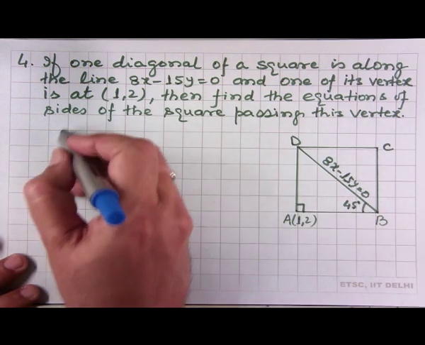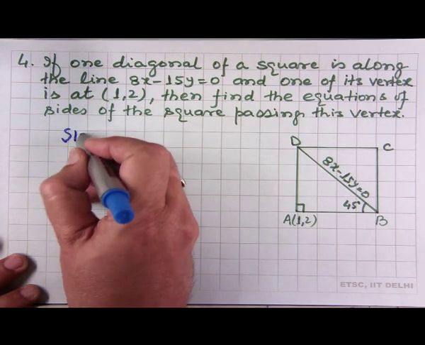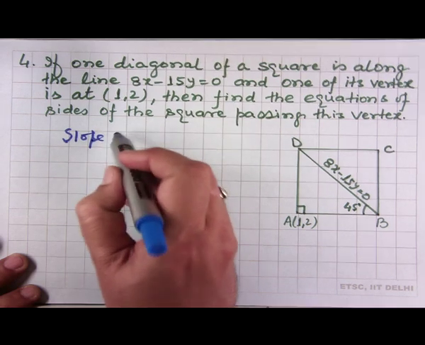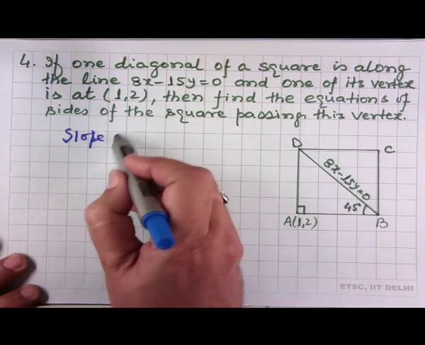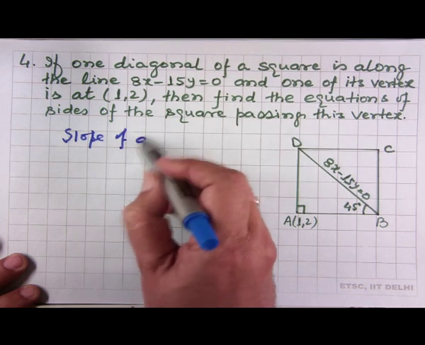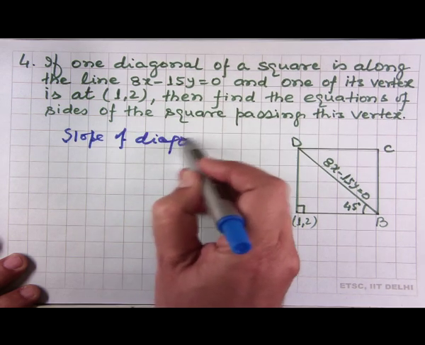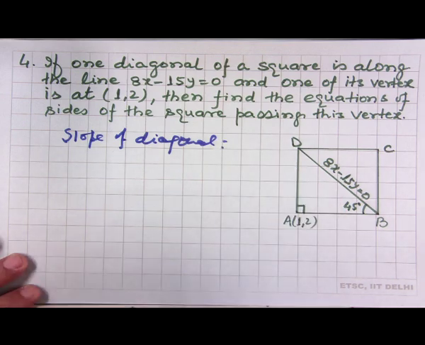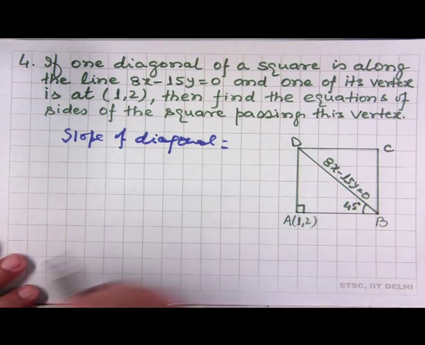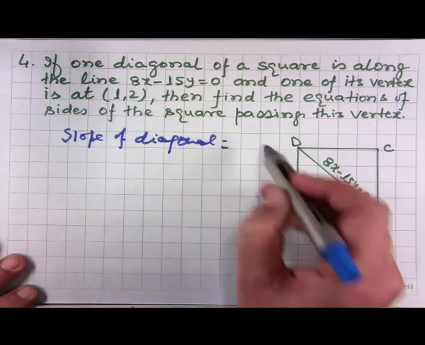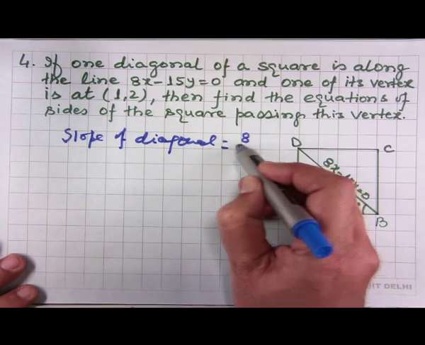So slope of diagonal is equal to 8 by 15.